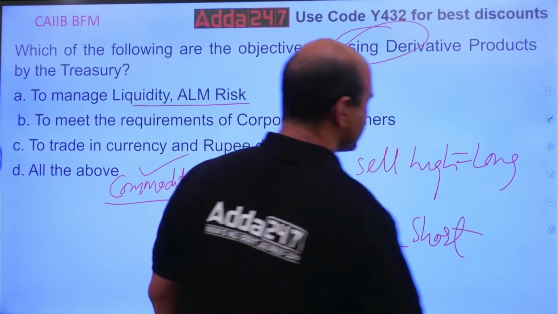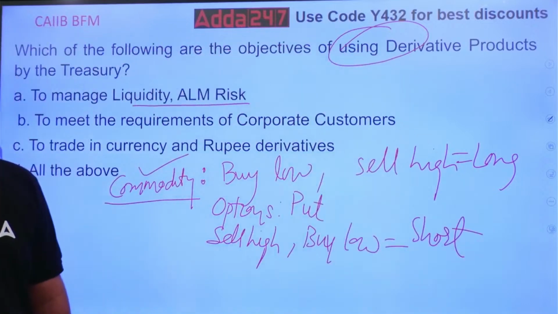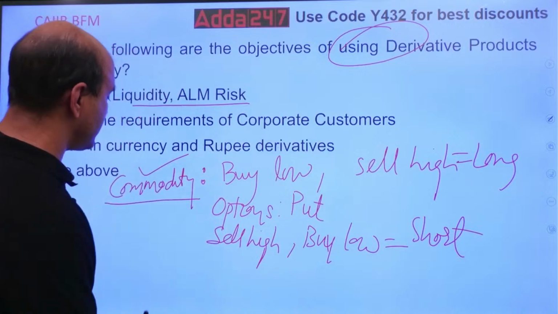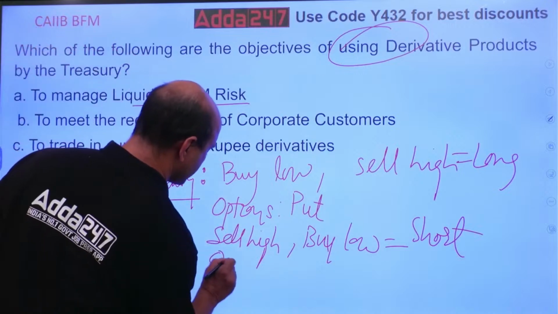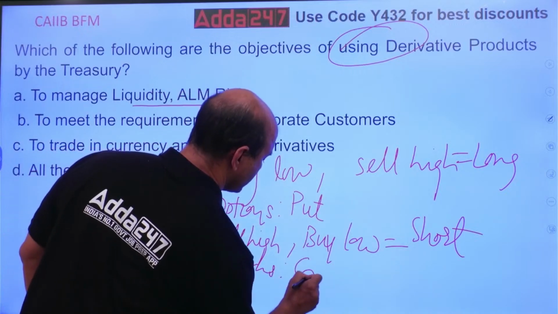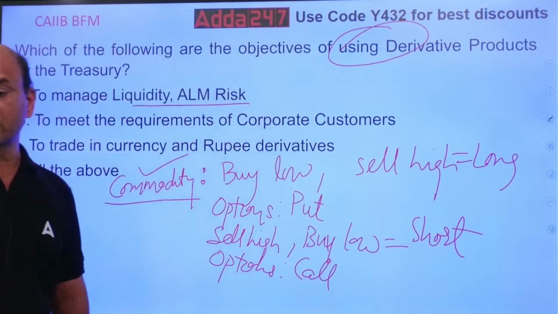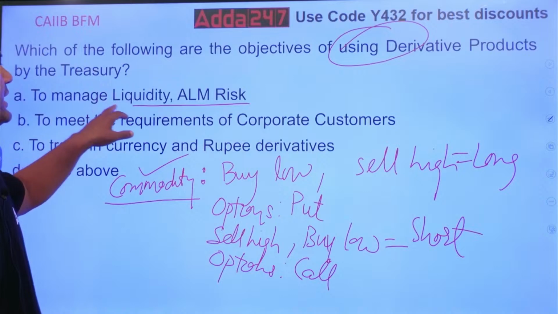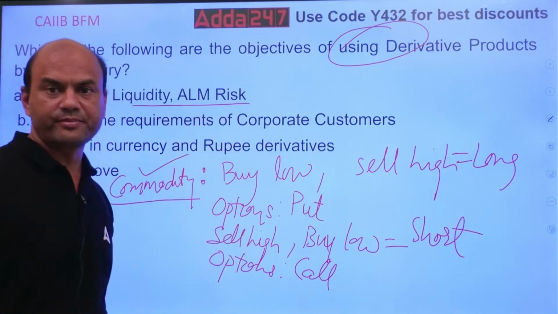Whenever you have a short position on a commodity, you should buy a call option. So you should buy a call. Kindly note this. And this is done by managing the liquidity and ALM risk.